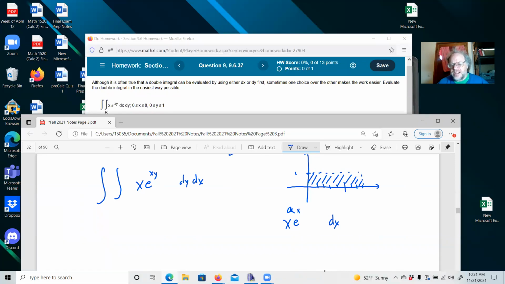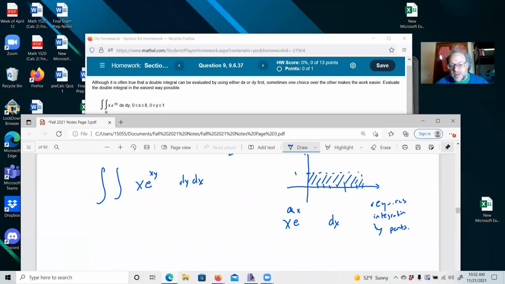This requires integration by parts. I would like to avoid that if possible, because integration by parts makes everything a little bit more difficult. And by the way, go back and practice that. But if I can avoid it, I will.